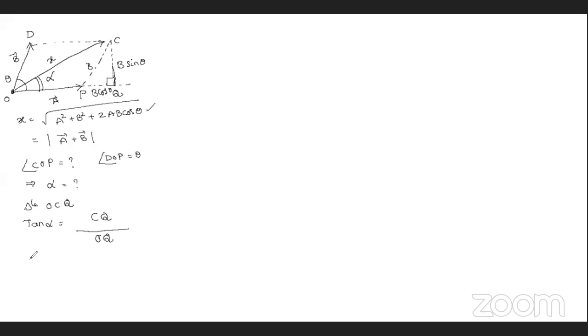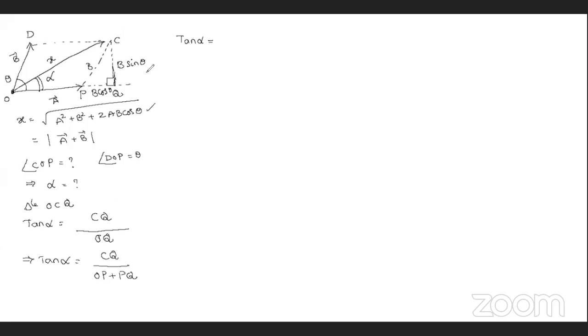That implies tan alpha is equals to CQ divided by OQ whole thing. Can I split it like OP plus PQ, Nana? Yes, sir. Right, good. Just substitute the values, you will get the answer. Tan alpha is equals to CQ.